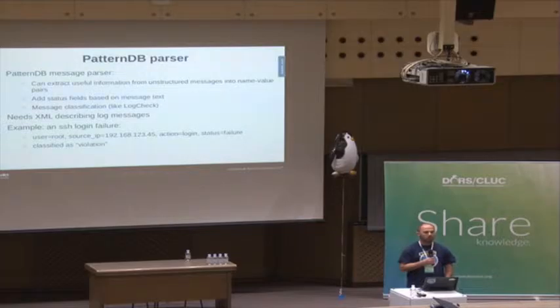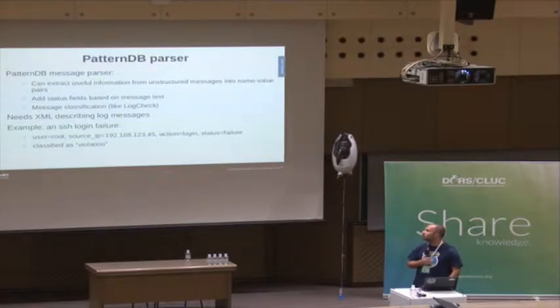If you used logcheck on a Debian system, you will also appreciate that it can do classification for you. Of course, to get it working, you also need XML files describing your log messages. We have some example databases on GitHub.